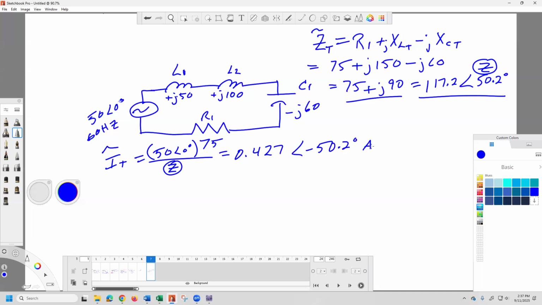So now we should be able to find VL1, VL2, VC1, and VR1.